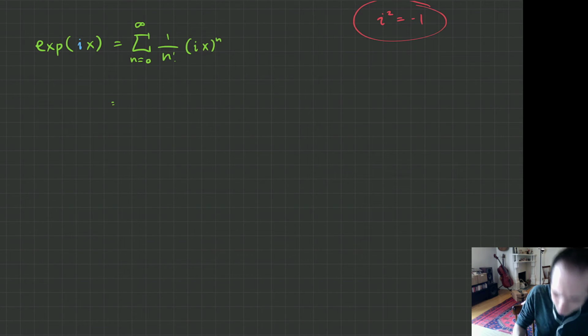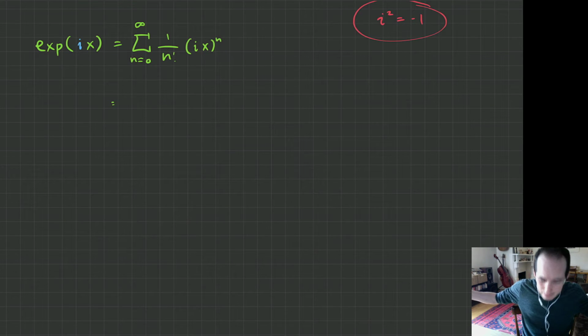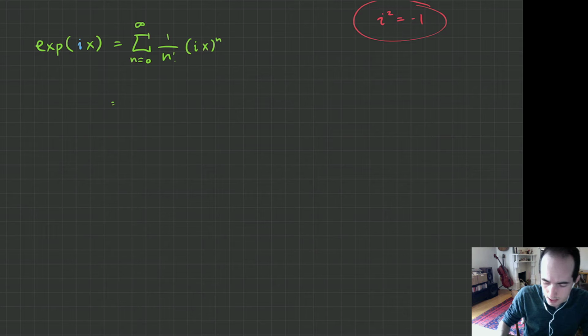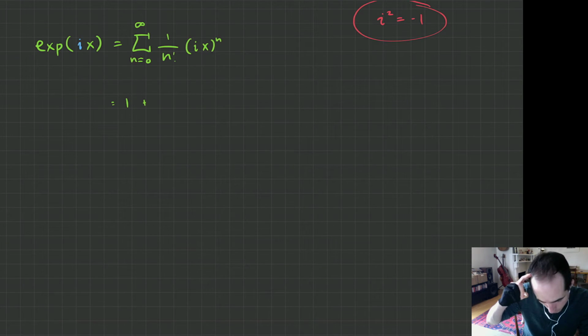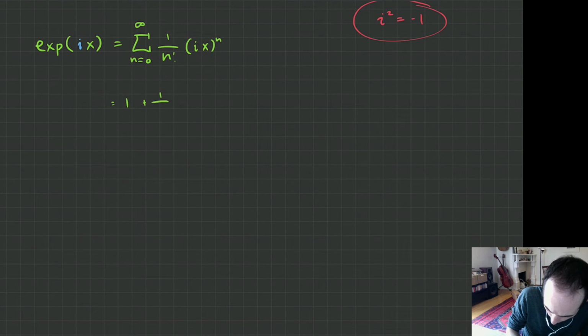Setting this aside, let's expand this out and see if we can figure out how to go from there. The first term is just 1, right? Because when n is equal to 0, the exponent is 0, so we just get 1. The next term, when n is equal to 1, is 1 over 1 factorial times i x to the power of 1.